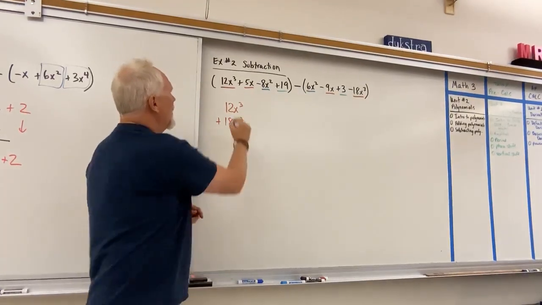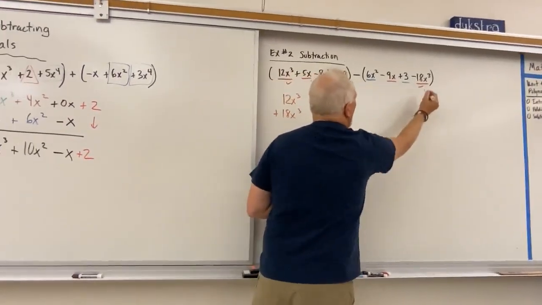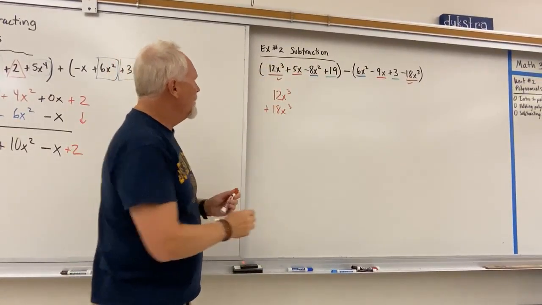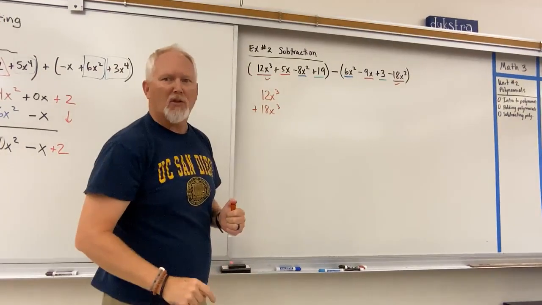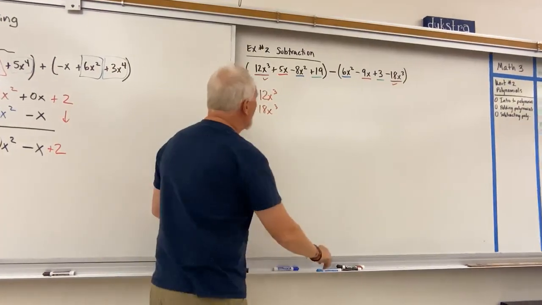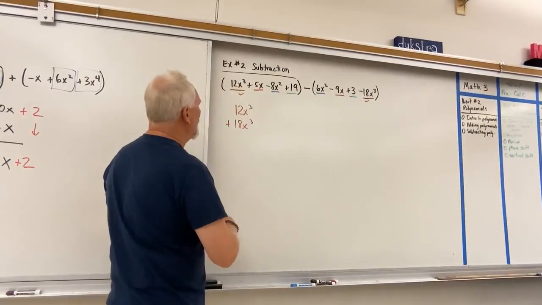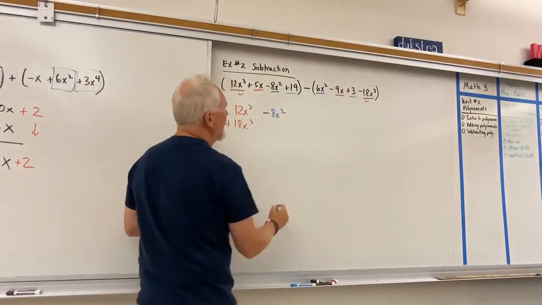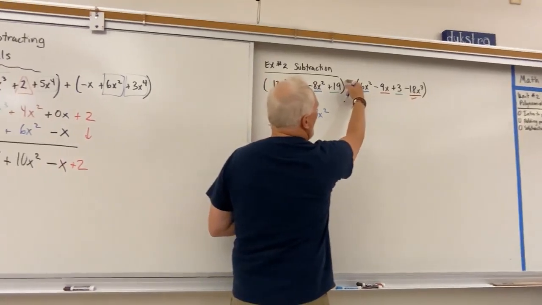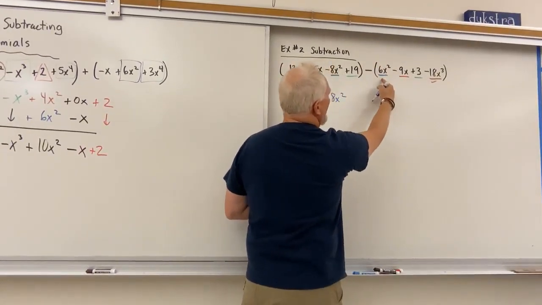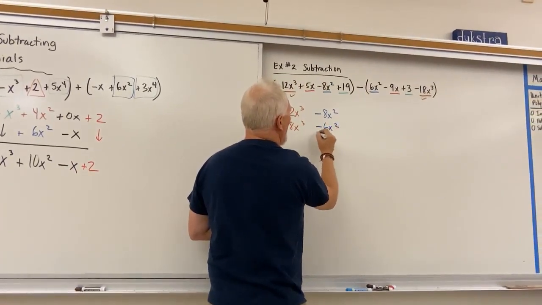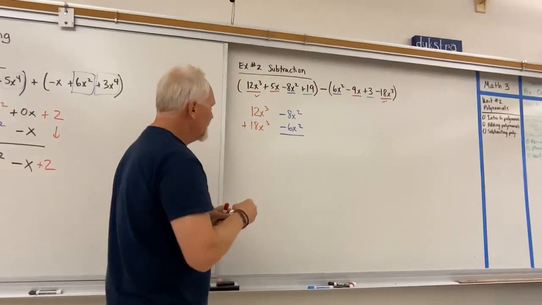Okay, so those are done. Check, check. And then I have an x squared. So my next term will be the x squared going in descending order. So I use that one for blue. So I've got minus 8x squared. And a minus, so minus and a positive, that's going to be negative. So negative 6x squared. Okay.